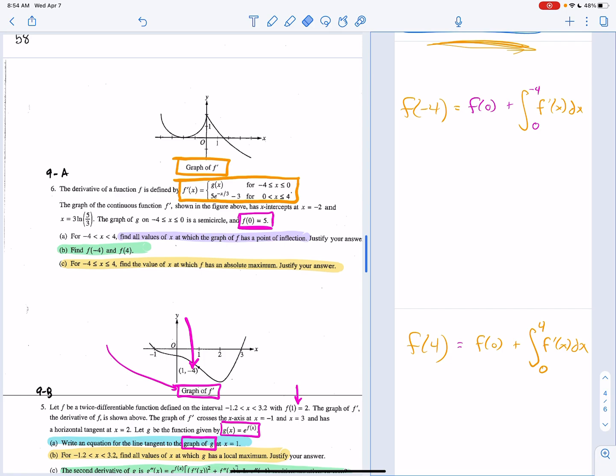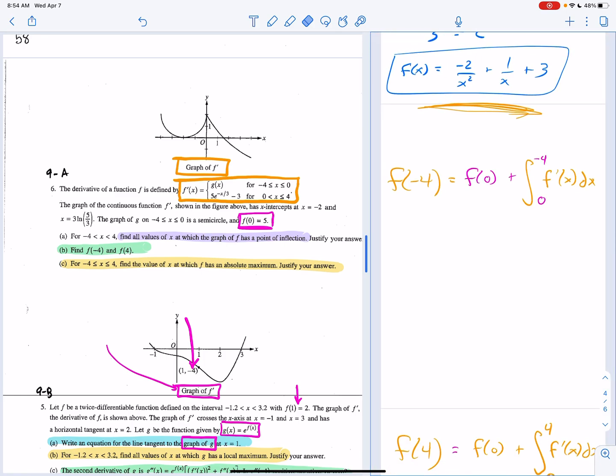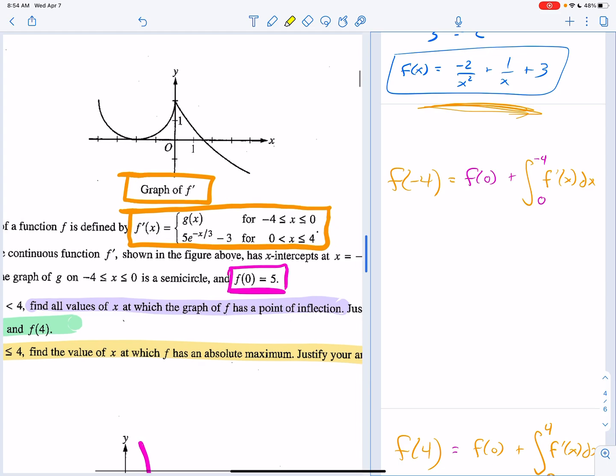Okay, let's do the first one. F prime of x is split up into a piecewise function. So from negative 4 to 0, they have this g of x function. What the heck is that, right? After 0, from 0 to 4, they actually explicitly give us a function right here.